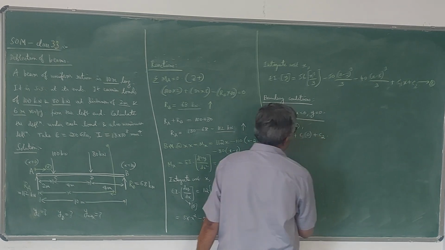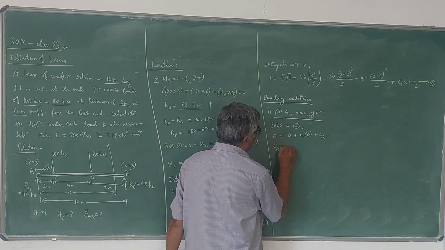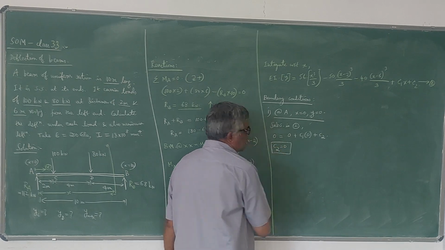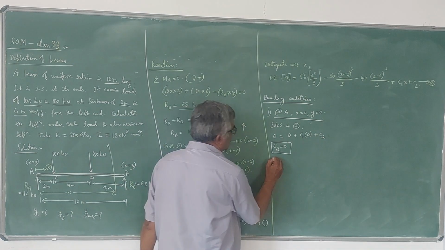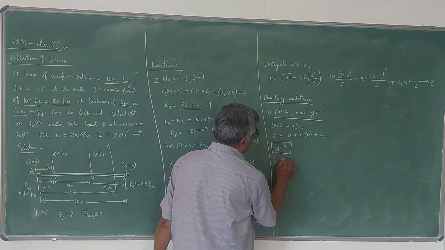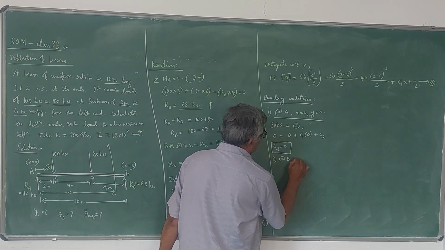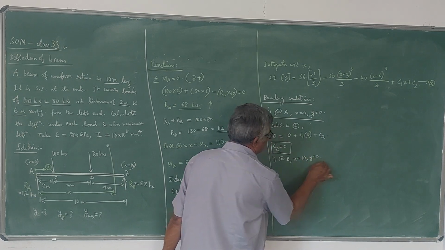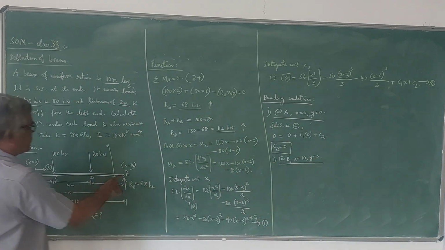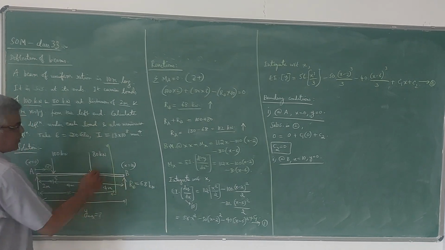The last one is C2. Therefore, you can say that C2 is equal to 0. This is the first constant of integration. The second boundary condition I take at B: x is equal to 10 meters, y is equal to 0. So here also deflection is 0.